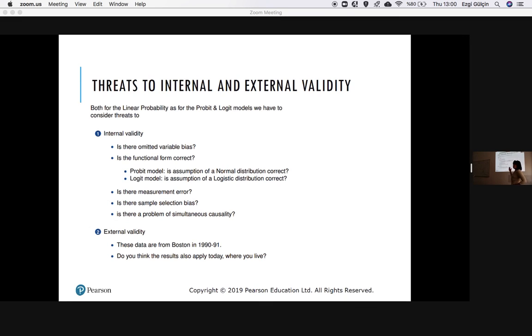All these sources of bias, of endogeneity, if you remember, that we have seen for the linear models, apply also to the nonlinear models.